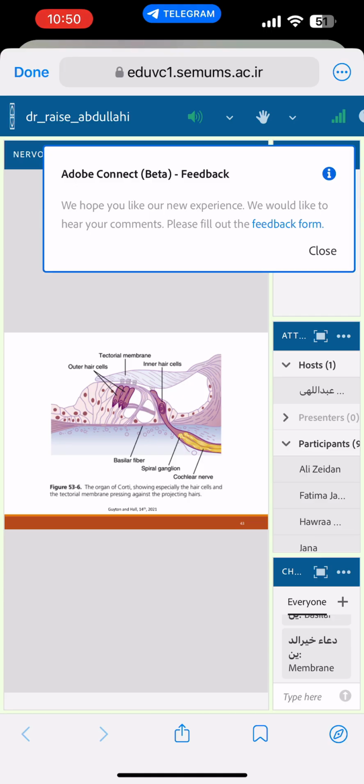As you can see, the inner hair cell is more important compared to the outer hair cell and is connected to the spiral ganglion and cochlear nerve, which finally projects to the brain, to the auditory cortex.